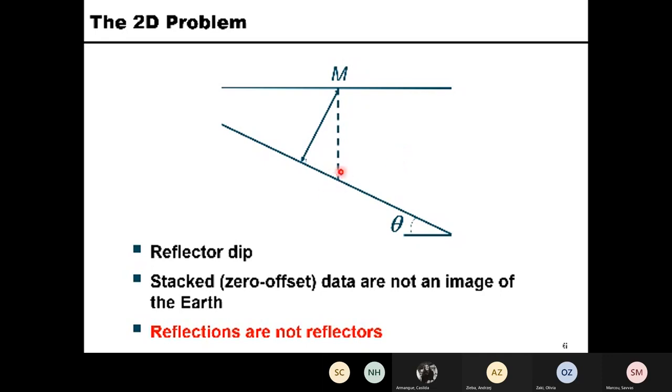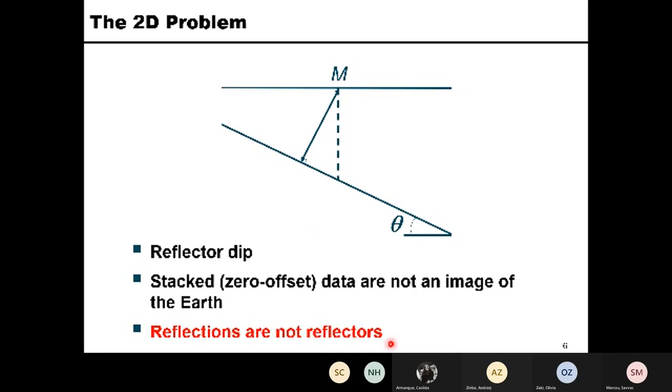Migration means you move the sample data points into the right position, so-called migration. You should move your data sample to the right position, okay? So one thing here I emphasize, you should distinguish between model space and the data space. In this context, you should distinguish between reflectors and the reflections, okay?